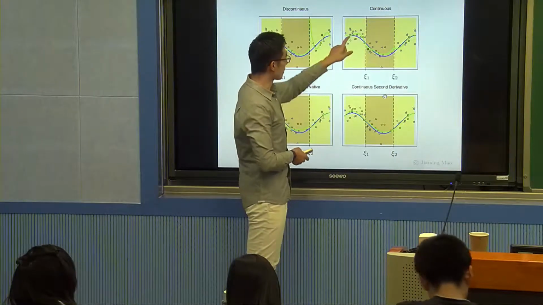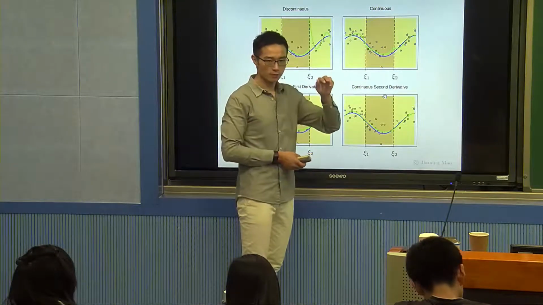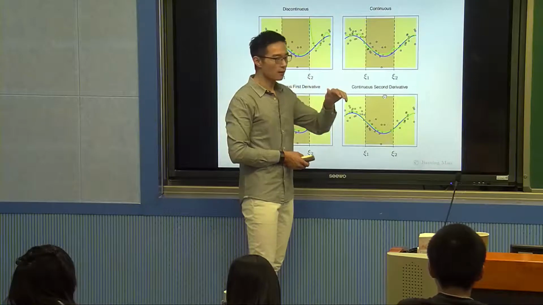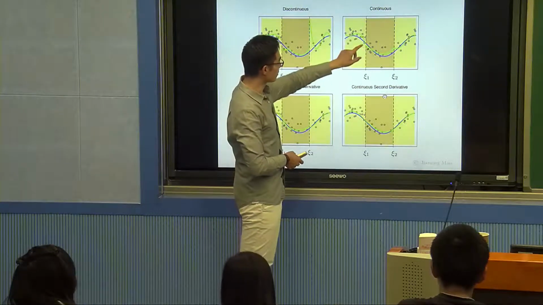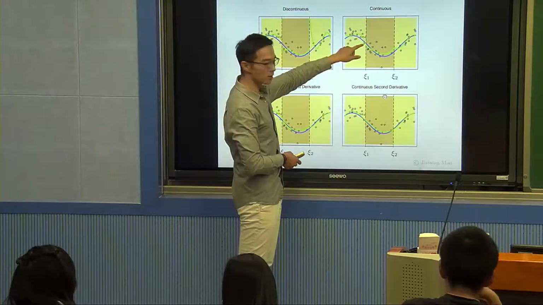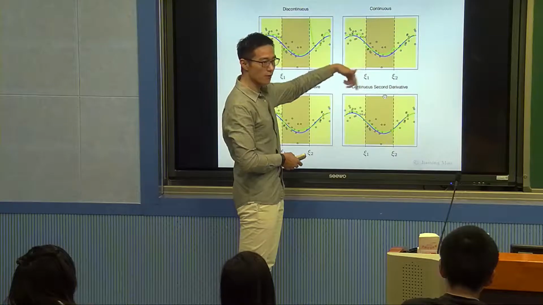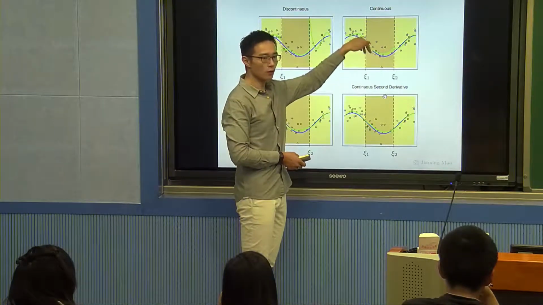Not only do I require this curve to be continuous, I will require it to be smooth. And by smooth, I require not only the value of y, predicted y, to be the same at this boundary, I require the first derivative and the second derivative of this curve to be the same at a boundary. That makes the curve look smooth.